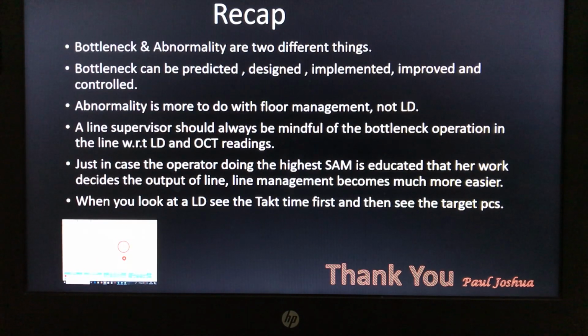So basically, a line designer, or the one who's implementing line design, decides the bottleneck operation and eventually decides the target of the line. I hope all these points will be helpful to you as you walk through the line and implement this.